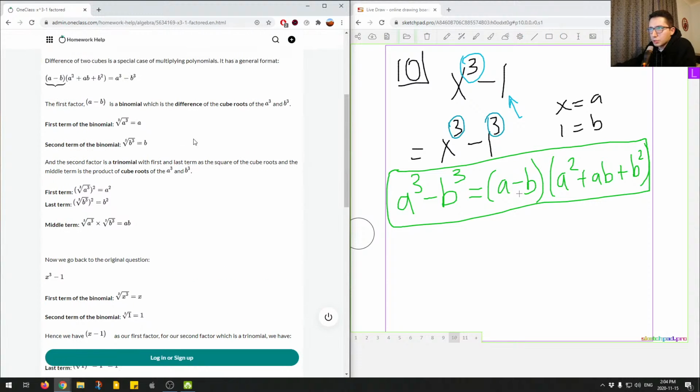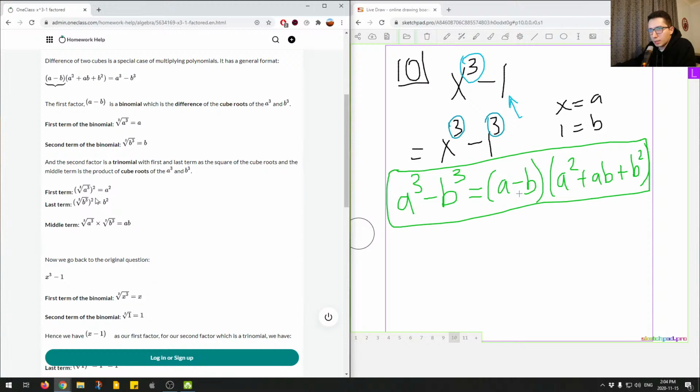So going on with the junior tutor's answer, the first factor is a binomial, which is the difference of the cubes. So they explain why the a cubed and b cubed are cubed. So if you take the cube root, we end up with a and b. And the second factor is a trinomial, with the first and last term as the square.